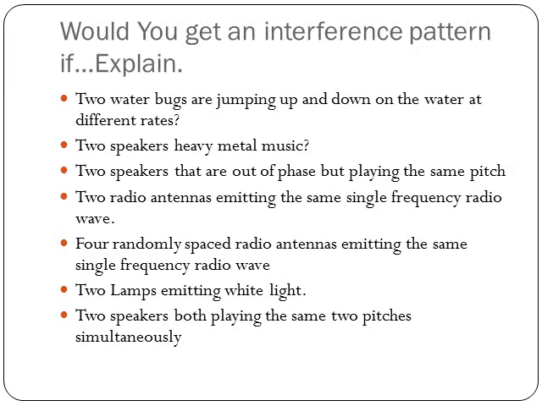Two radio antennas emitting the same single frequency of radio waves. Now, normally we'd think, yeah, this is going to create an interference pattern. But it's possible that the two radio antennas can still emit two exact same frequencies and not be coherent.